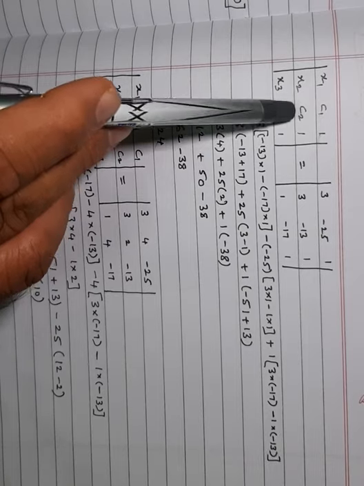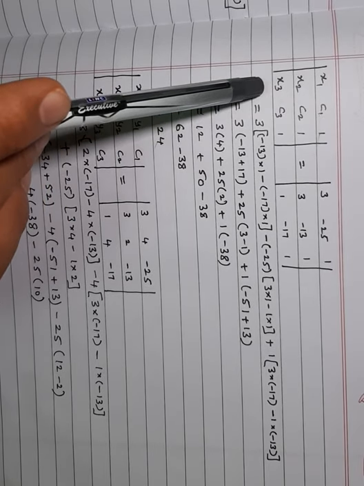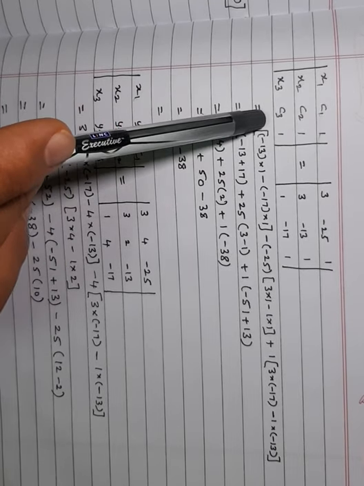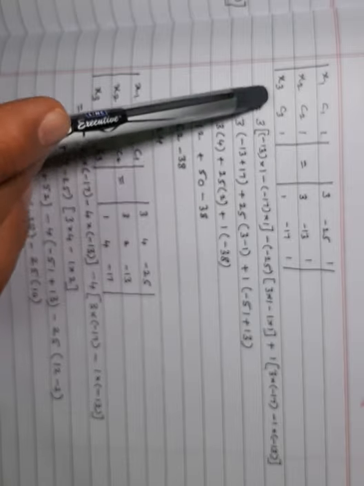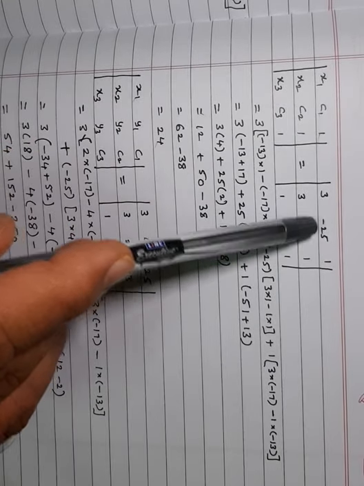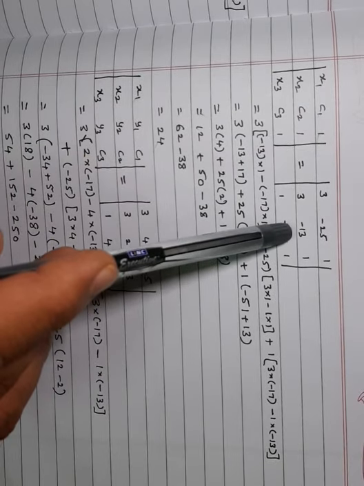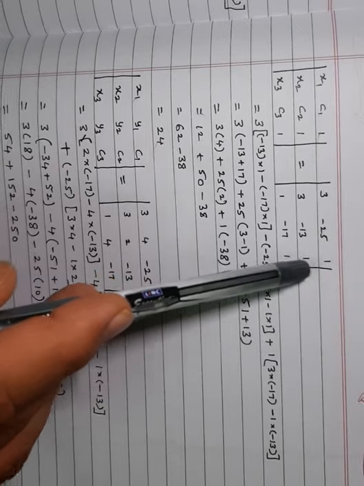Now we find this determinant value, det x1, x2, x3, c1, c2, c3, 1, 1, 1. x1 is 3, x2 is 3, x3 is 1, c1 is minus 25, c2 is minus 13, c3 is minus 17, and 1, 1, 1.